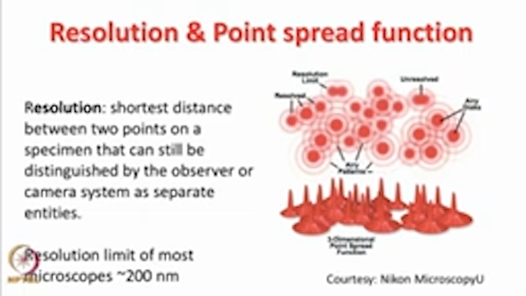Okay. So, how do we define resolution? Resolution is defined as the shortest distance between 2 points on a specimen that can still be distinguished by the observer or camera as separate entities. If you look at these pictures, this is a representative picture of multiple dots which are positioned close to each other.